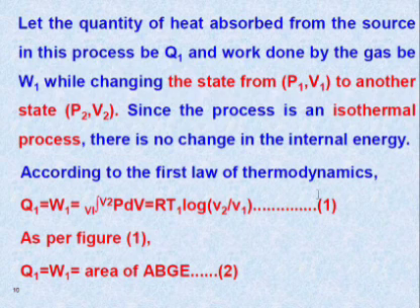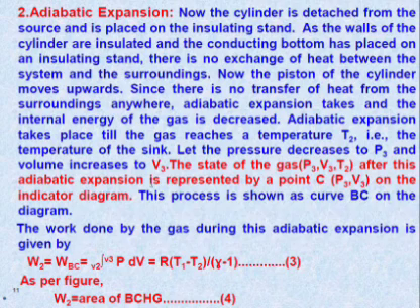According to the first law of thermodynamics, Q1 can be written as integral V1 to V2 PdV, that is equal to RT1 log V2 by V1. This is called equation number 1. As per the figure 1, Q1 which equals W1 is equal to area of ABGE. Second one, adiabatic expansion.